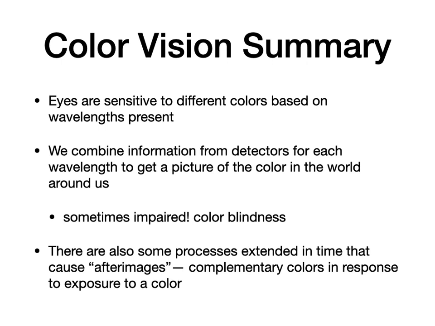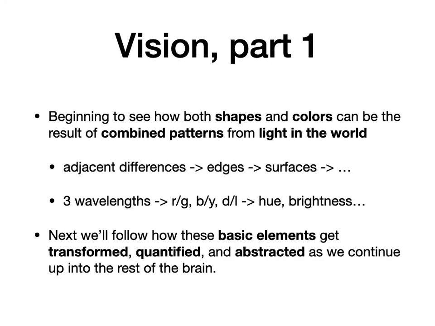It's not just sending light straight in, it's sending in these more densely compacted bits of information about, hey, how much green versus red is present. And it causes this interesting effect of after images. So complementary colors will appear in response to them vanishing. So that's vision part 1.